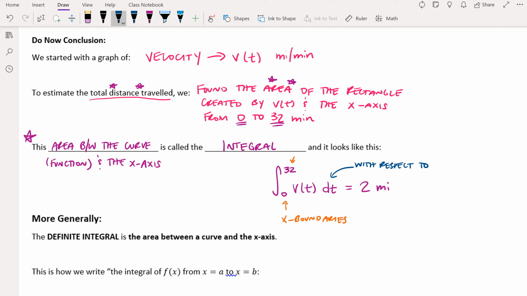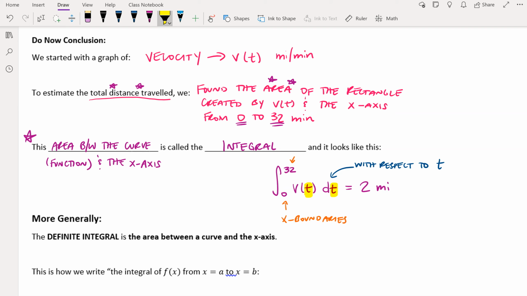Not time, it's just with whatever variable. Remember, we get dy dx. That means the dx means with respect to x, so it's a very similar thing. All right, and for integrals, you always need matching variables just like you need for derivatives. The function you're integrating needs to have a variable matching what you're integrating with respect to.